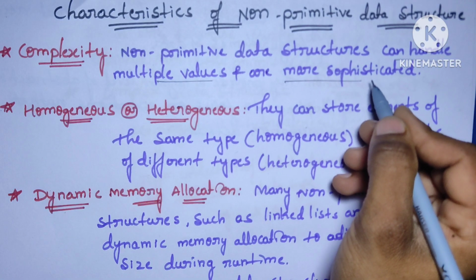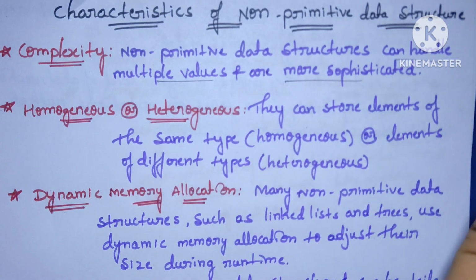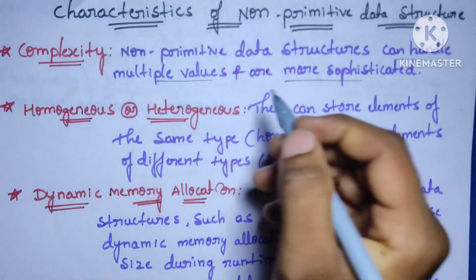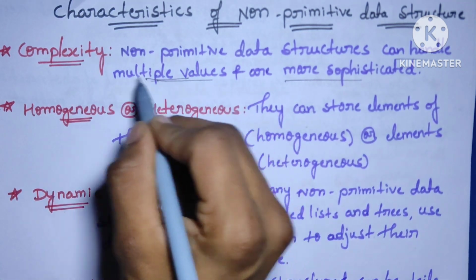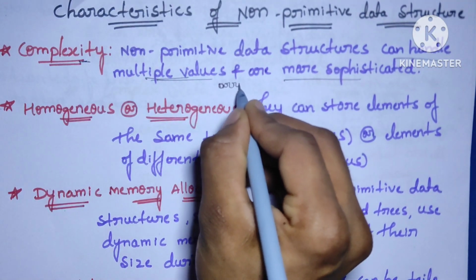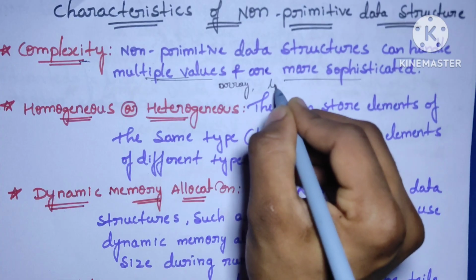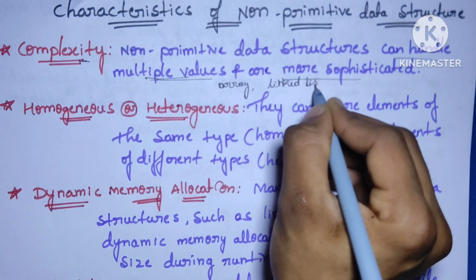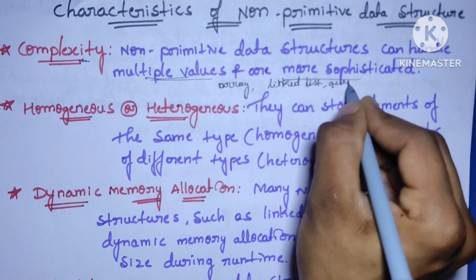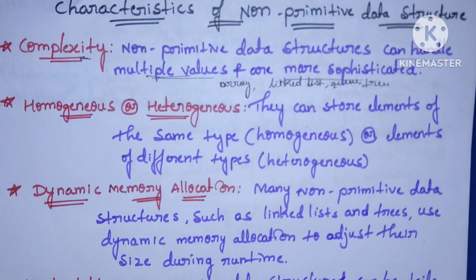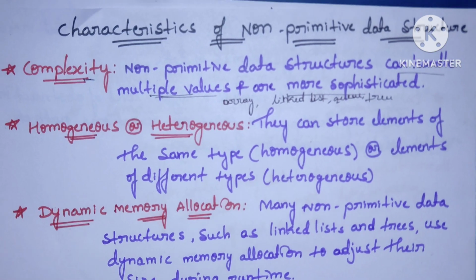As I mentioned, it can store multiple values and values of different data types; that is what indicates complexity. Suppose I am storing array elements, or linked list elements, which is a kind of non-primitive data structure, and we also have queue and tree. They can store different kinds of data types, so that needs complexity.